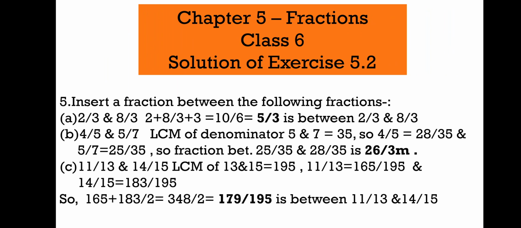Now 11 upon 13, 11 multiplied by 15 gives you 165 upon 195. 14 multiplied by 13 gives you 182. 13 fours are 52, 13 ones are 13 plus 5, 18, so 182.